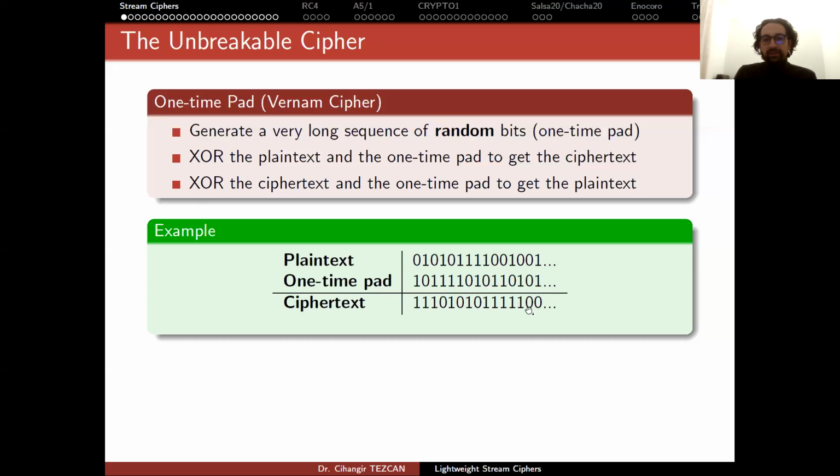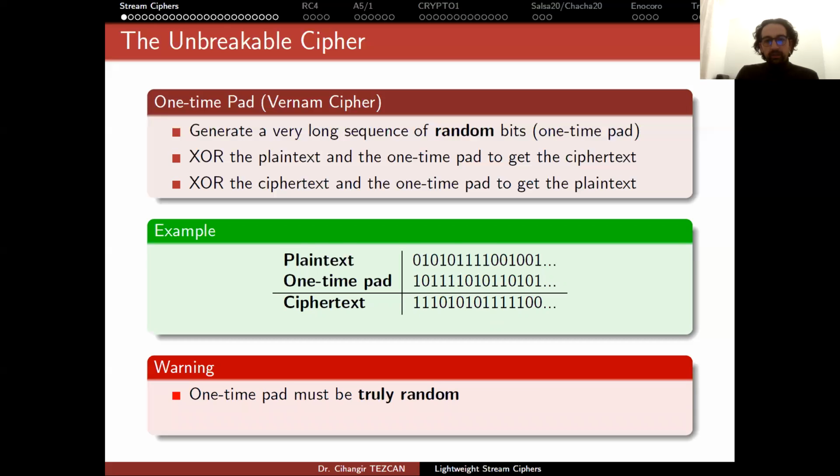So the result will be something like this. For instance, when you XOR 0 and 1, you get 1, like a regular addition, or adding 1 to 0, you get 1. The only difference is that when you XOR 1 with 1, you get 0, but you don't have a carry bit here. So the additions are column-wise because it is a bitwise, binary addition.